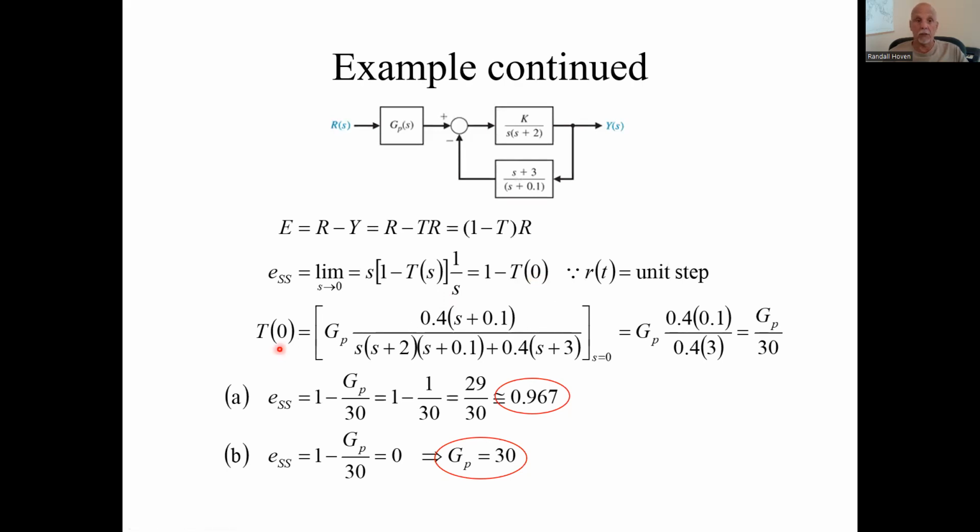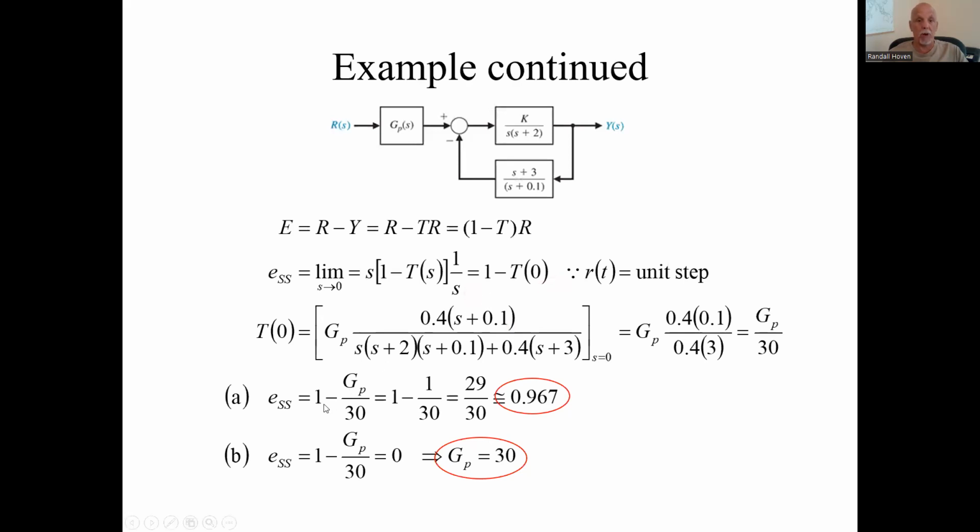T evaluated at 0 is, here was that whole transfer function. Evaluated at S equals 0, what do I get? 0.4 times 0.1, etc. Well, this whole mess here is 0 because this is that S. And so the bottom is 0.4 times 3. Do the arithmetic, and T evaluated at 0 is G sub P over 30.